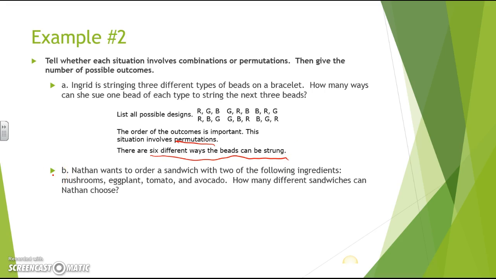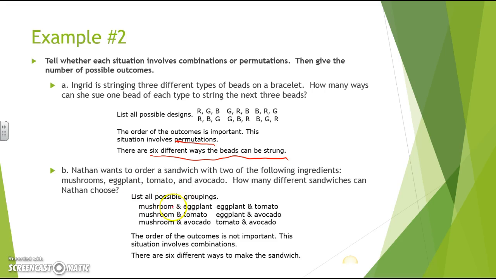Nathan wants to order a sandwich with 2 of the following ingredients: mushrooms, eggplant, tomato, and avocado. How many different sandwiches can Nathan choose from? You're going to list them all together in groupings. He wants 2 of the ingredients, so he could have mushroom and eggplant, mushroom and tomato, mushroom and avocado.